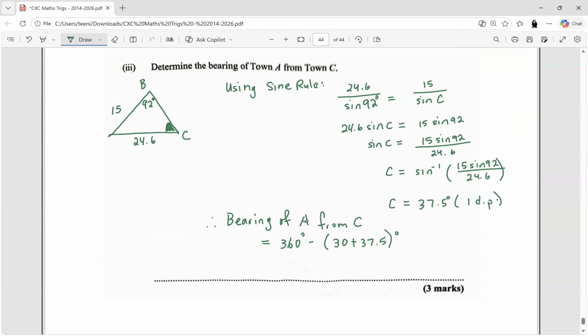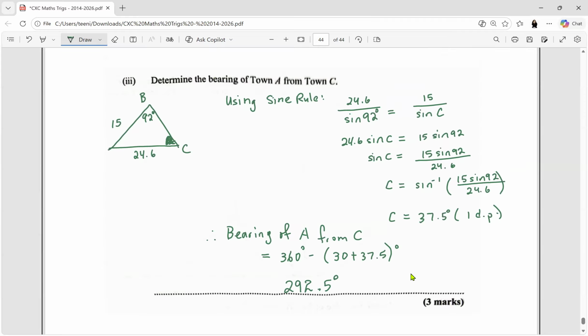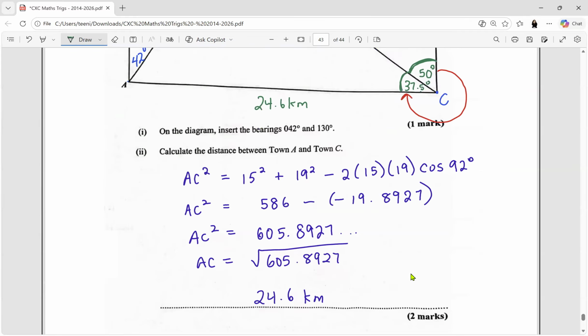And that would give me 360 take away 30 plus 37.5, which is 292.5 degrees. And all of this is taken to one decimal place. So that's how you'll get your 3 marks for this question.